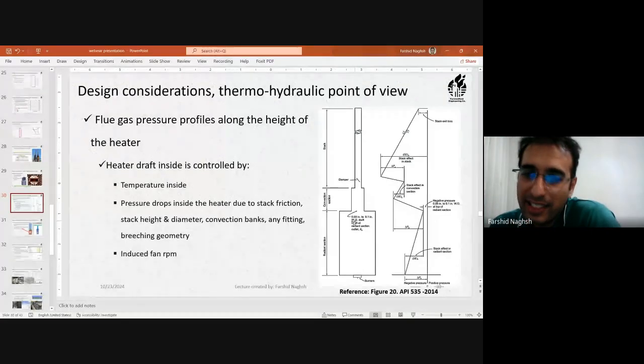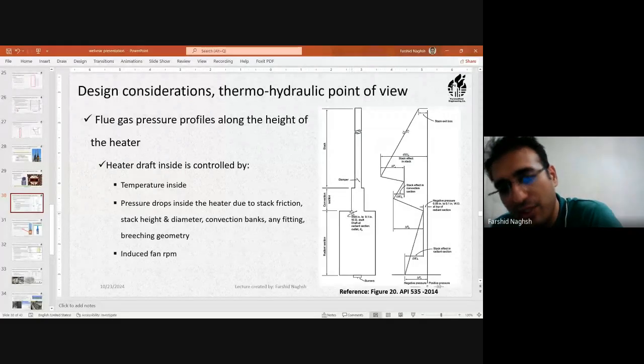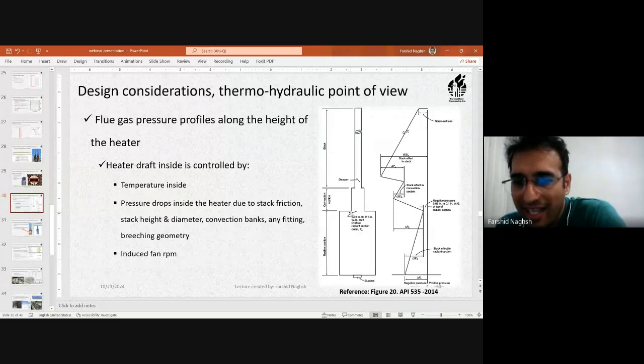In theory, it is proved that the section below the convection section, which is called the arc, has the most positive pressure inside the heater.